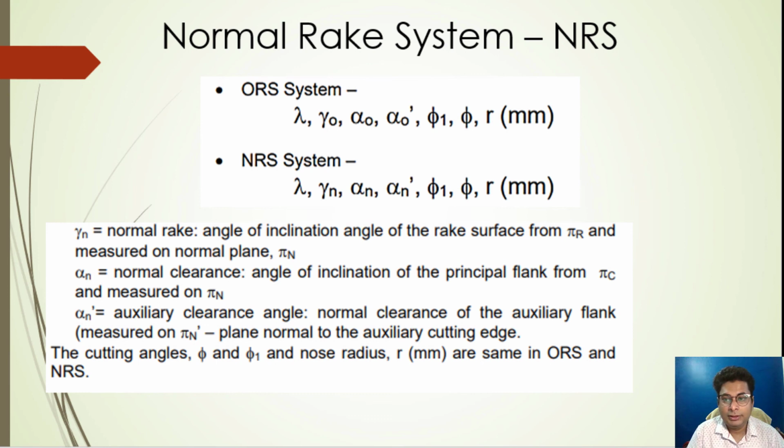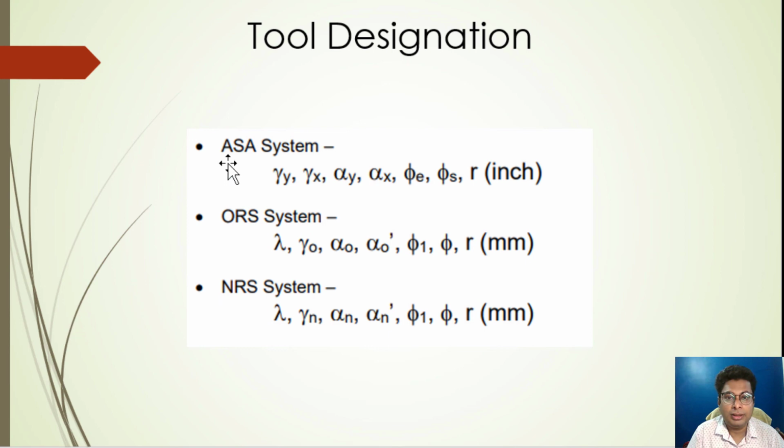Okay. Now let us recapitulate about the different tool designation. We have studied ASA, ORS and NRS. Okay, I think you will be able to identify. Now, what is the importance of understanding this?